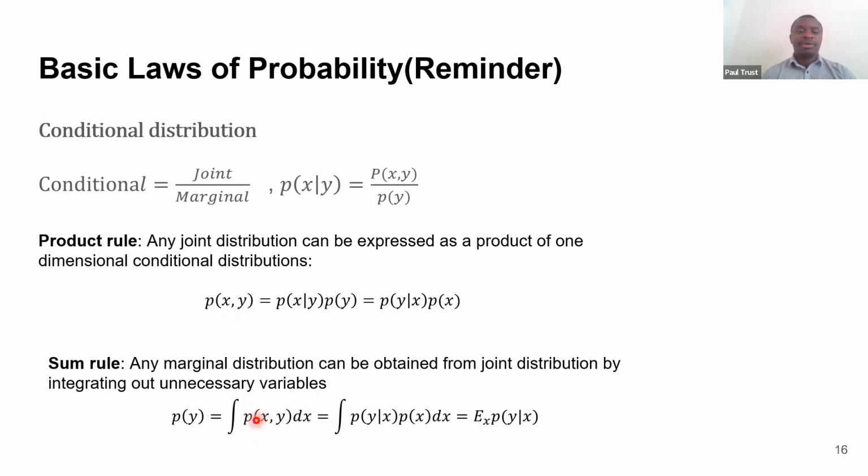And of course, we already saw that probability of X given Y is probability of Y given X, probability of X. And this one can be seen as an expectation of P of Y given X. You remember that expectation of x is equal to the integral of x, p of x, dx.